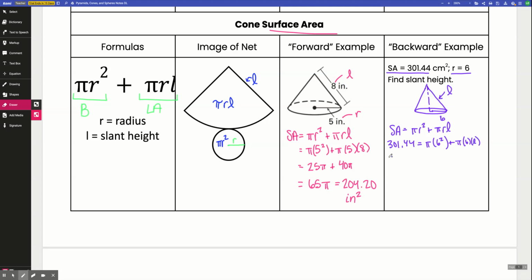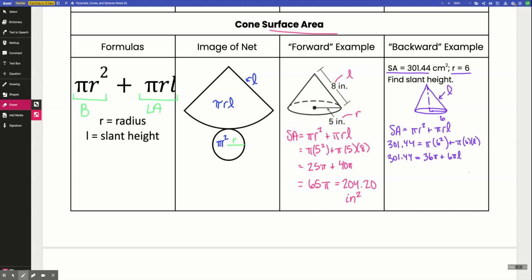So I'm going to work with as much of this as I can and simplify as much as I can. So 301.44 equals 36 pi plus 6 pi times the slant height.